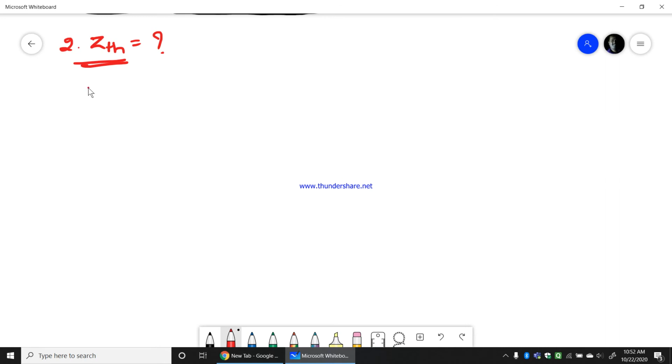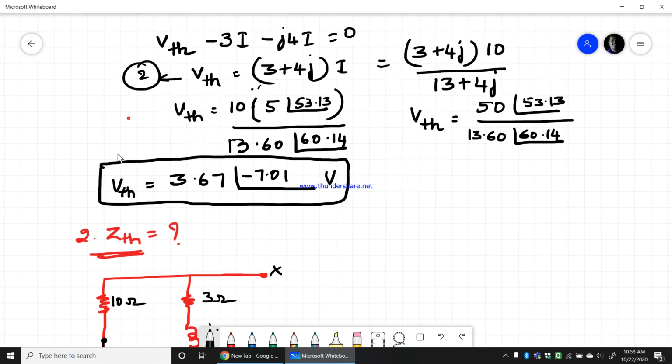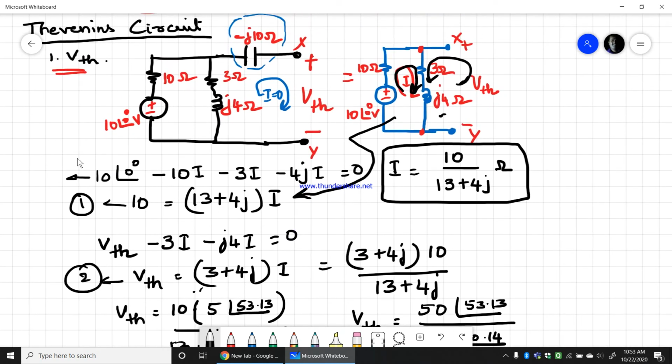a resistor, a voltage source, then I do have a resistor and an inductor, and then I have the load terminal. So here this is X, this is Y, this is 10 ohms, 3 ohms, 4 ohms. Now the voltage source has been shorted. This is the step that we need to apply, what was told in step 2 of the Thevenin's theorem discussion.